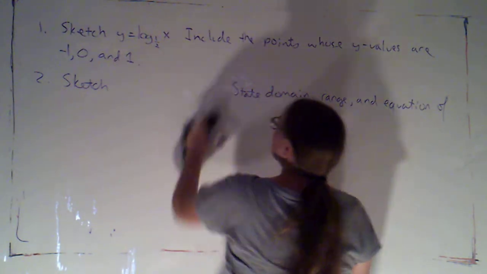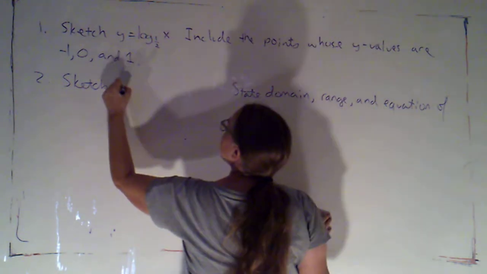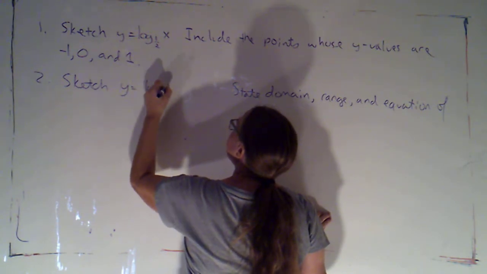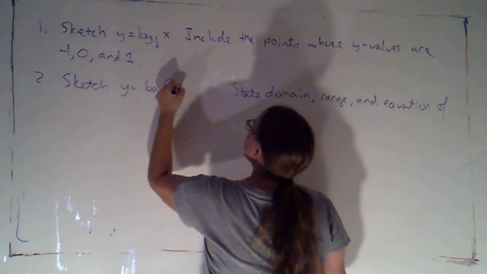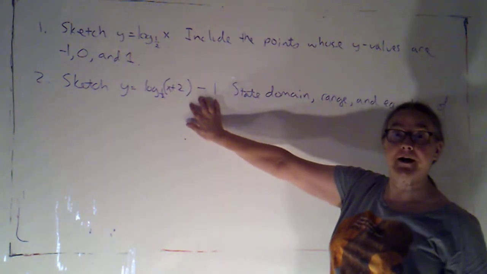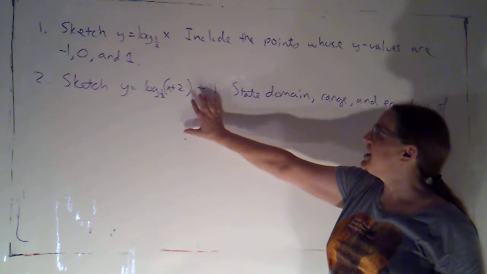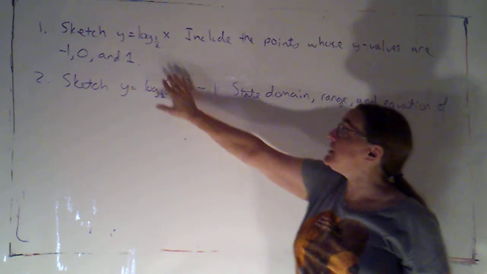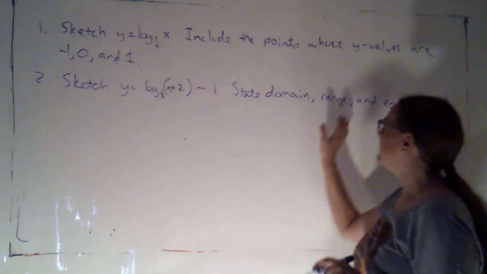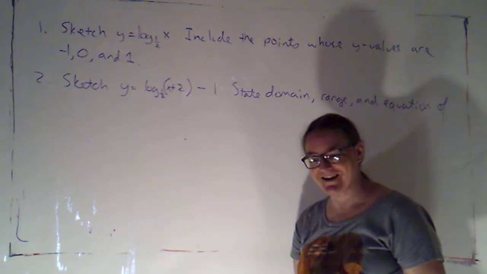And then let me give you a transformation of that. So sketch y equals the log base 1/2 of x plus 2 minus 1. So it looks like there are 2 transformations going on here. Try and sketch that. Do keep track of where these points get transformed to. Keep track of the asymptote. Give me the domain, range, and the equation of the asymptote.